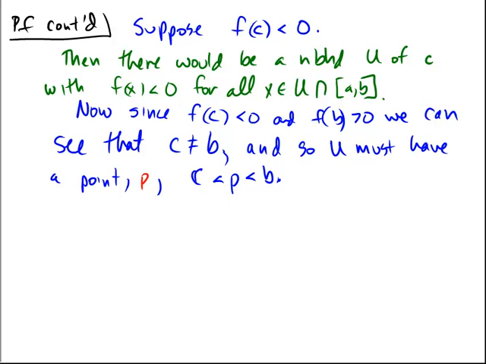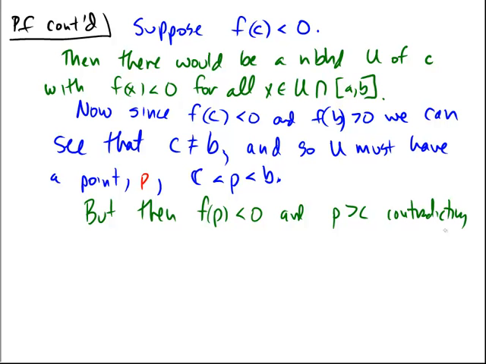But that's a problem, isn't it? Because since it's in U, remember U is the set of all these points such that the whole neighborhood is less than 0, so we're getting that f of p happens to be less than 0, and P is bigger than c, contradicting that c was the sup of S. Right?